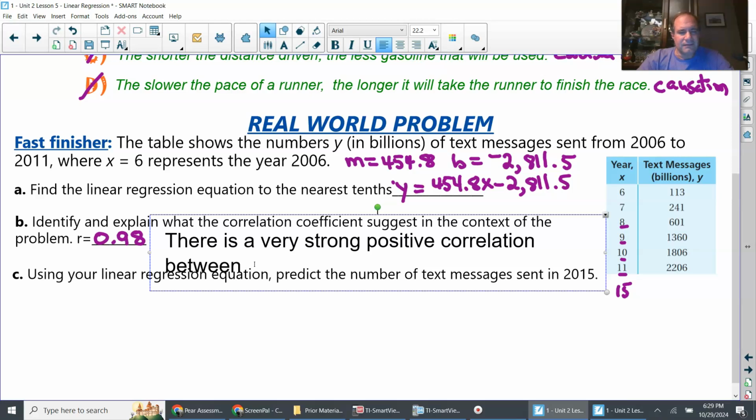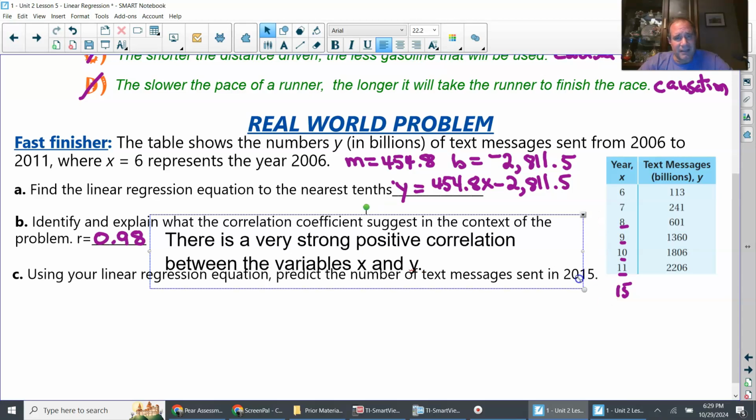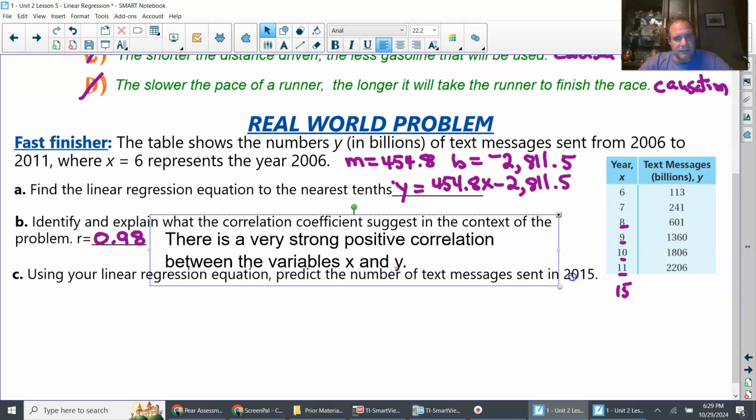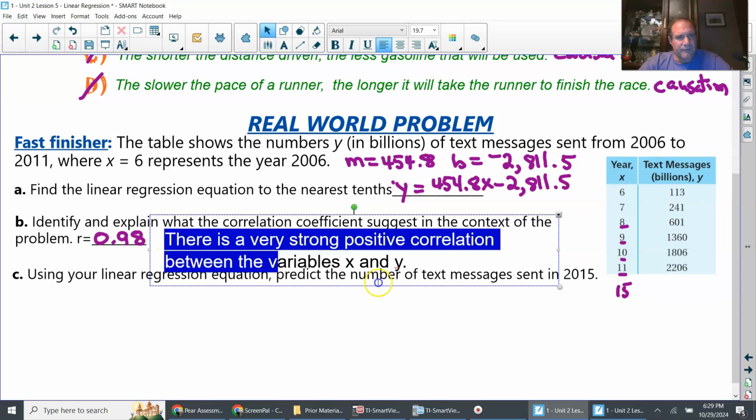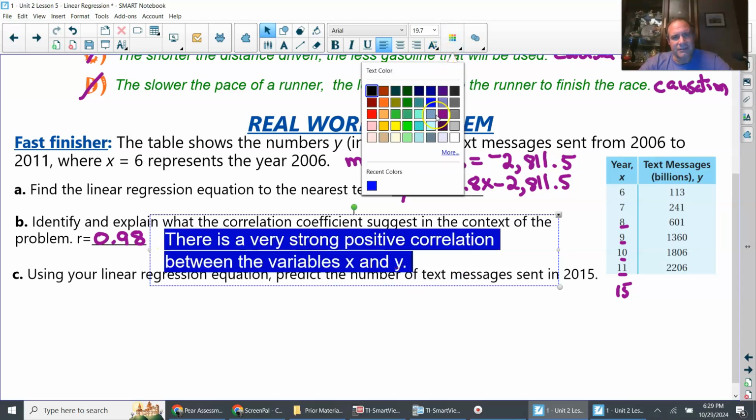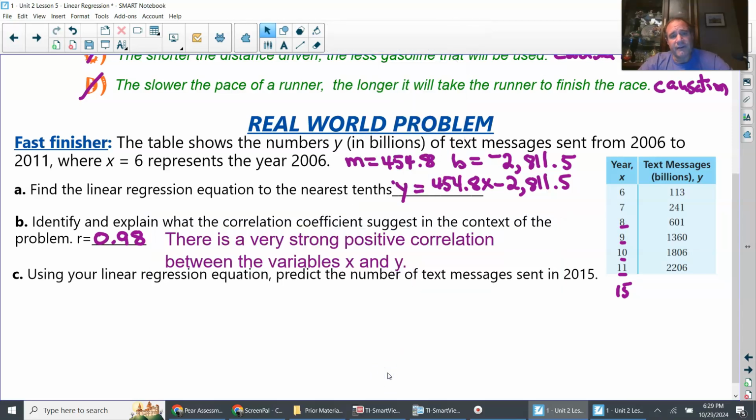You could say the variables x and y. And that's really all you have to say to get full credit. All right, there's a very strong positive correlation between the variables x and y. You could say there is a very strong positive correlation between the year and text messages. All right, and that's it.